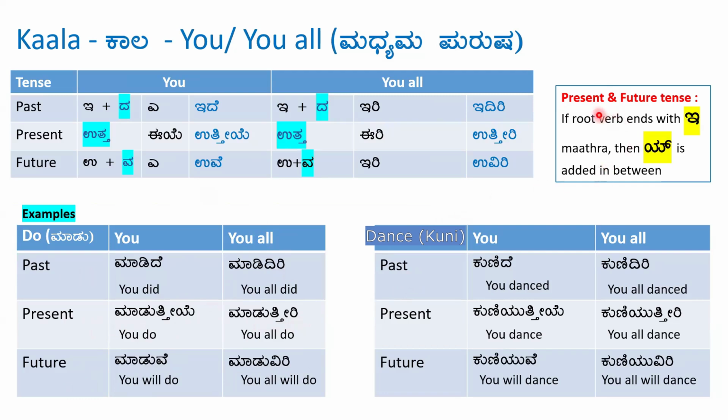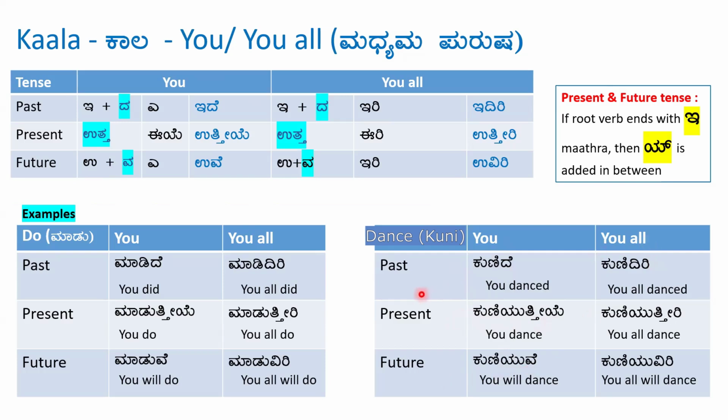So, in the present and future tense, if the root verb ends with e matra, then u is added in between. So, for you, past tense, it will be kunide, present tense kuniyuttiye, future tense kuniyuve.